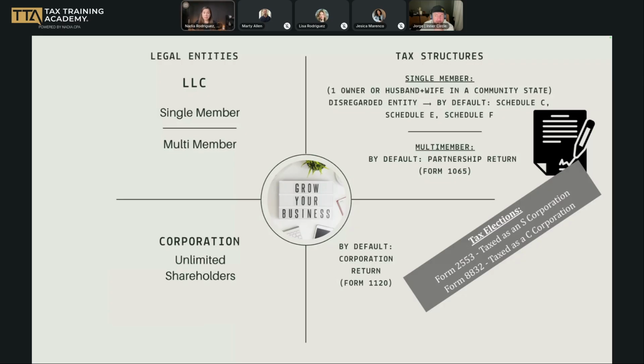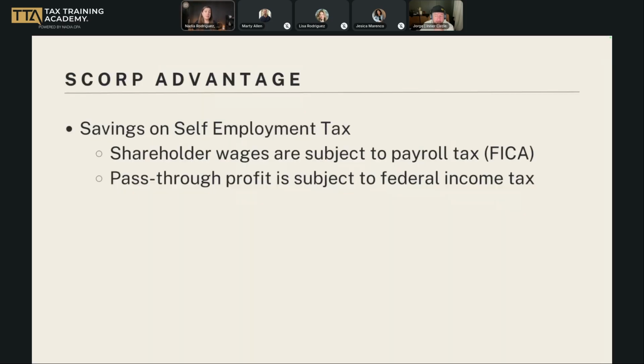But before we do the S corporation route, because we know that the number one reason why we want to become an S corporation is to save on that self employment tax, which is what we're used to paying when we're a Schedule C. And when we are an S corporation, we only have to pay payroll tax, which the company, the S corporation, is able to deduct half of that as a payroll expense on their 1120S.